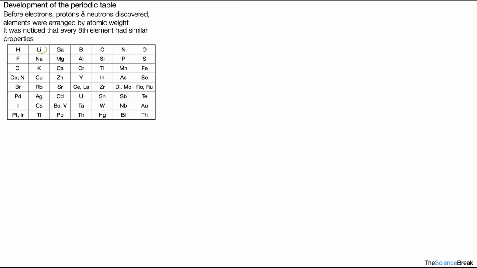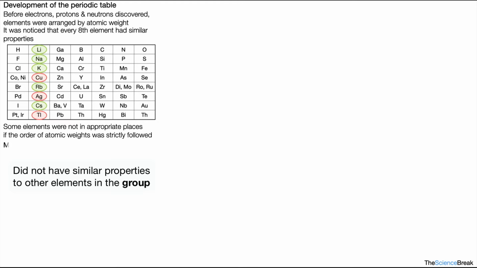If I look at this particular column here and move along to the 8th element, you'll find it's sodium, and we can see that they have very similar properties. However, some elements were not in the appropriate places if the order of atomic weights was strictly followed. These 3 elements did not have similar properties to the other elements in the periodic table.